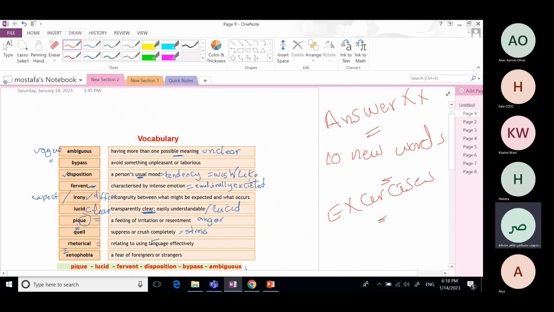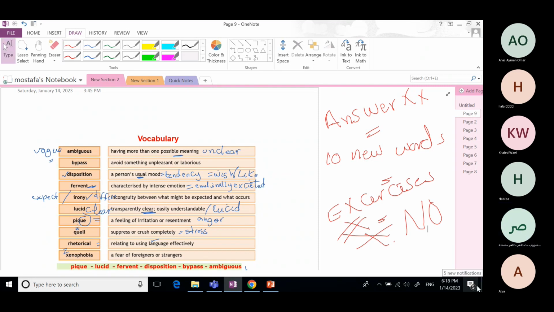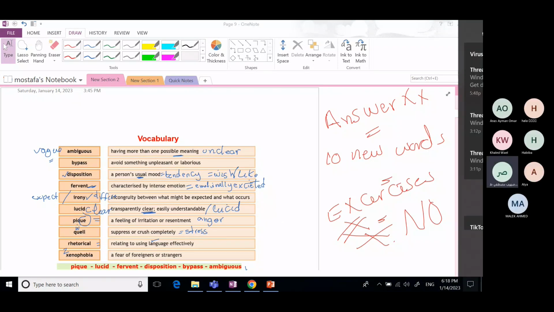Do you think I give you the task only to match the words? Logically, no. I gave you the words unscrambled with the meanings to be able to study them. You should memorize them and use them.